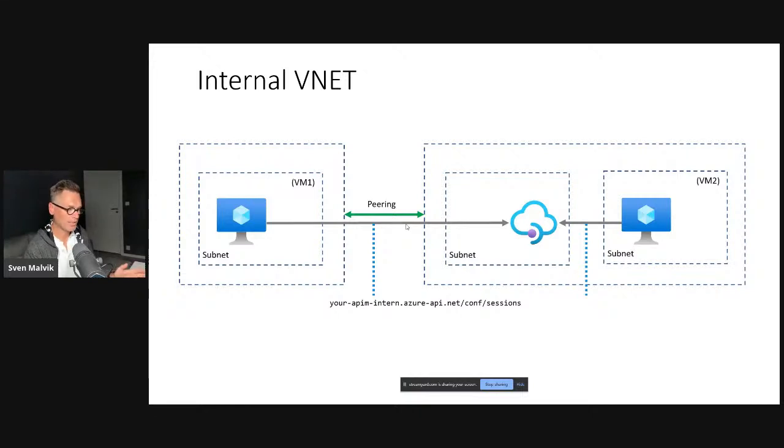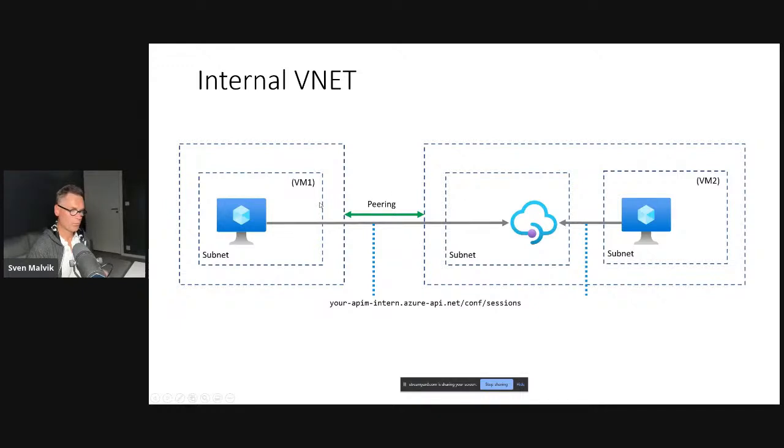I can use it inside the VNet and not outside. So that means if I'm inside the VNet here, I have VM2, and I can use this internal Azure API Management instance to access all the IP addresses directly.